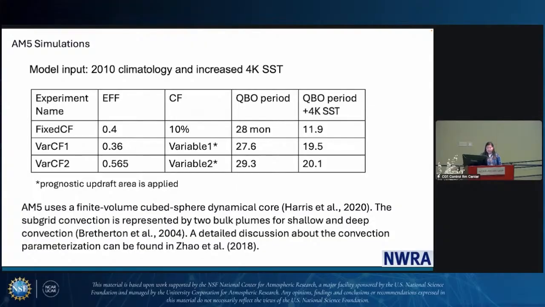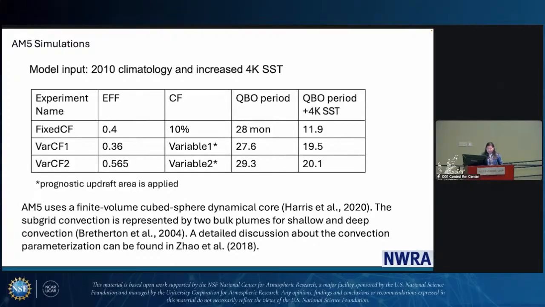The first has the fixed convective fraction, and for the second and third experiments, we have the prognostic updraft area. We can see that the QBO period gets shorter for the increased 4K SST simulations compared to the present day simulation, and the largest difference appears in the fixed convective area simulation.